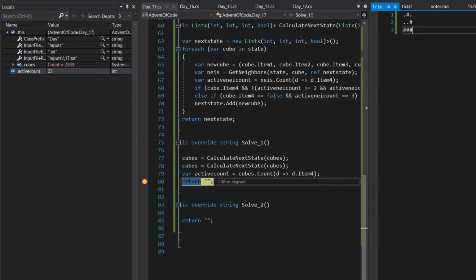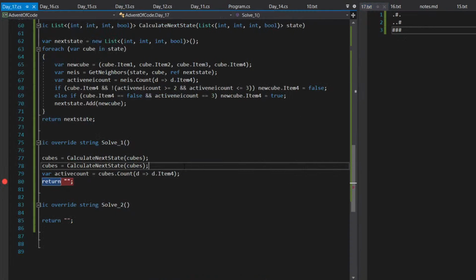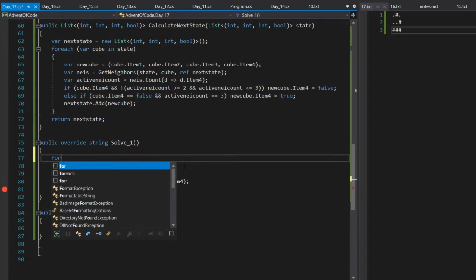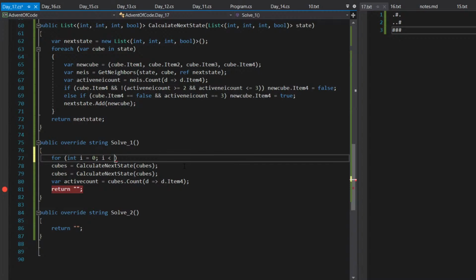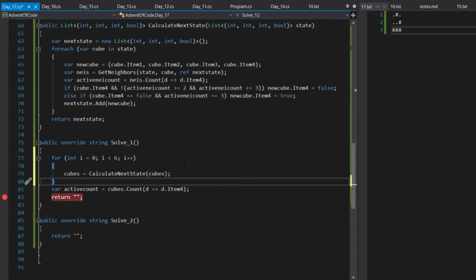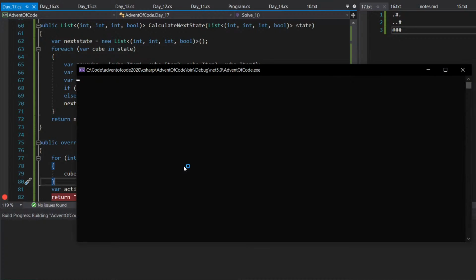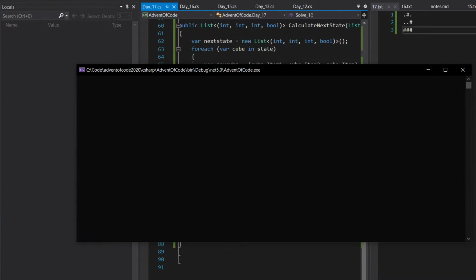Let's try to run this 12 times. Or what was it, 6 times? And it's going to take forever. I gotta figure out how to speed this up too.